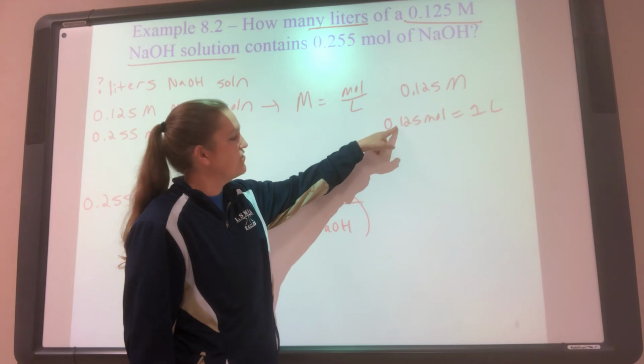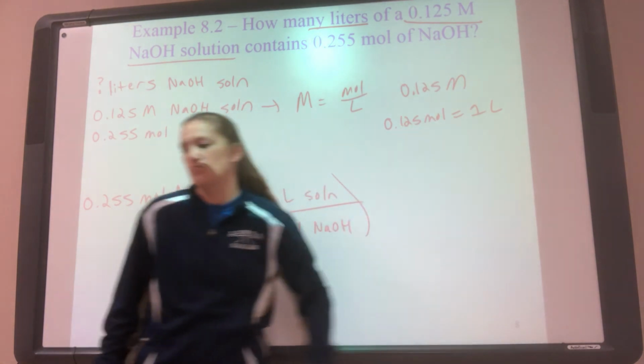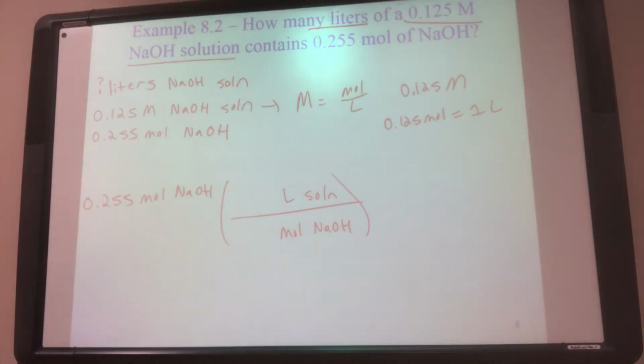The 0.125 goes with the moles, and then I'm assuming 1 liter. So 0.125 goes on the bottom and the 1 goes on top. So moles of NaOH cancel, and when I do the math, top divided by bottom, I get 2.04 liters of my solution.